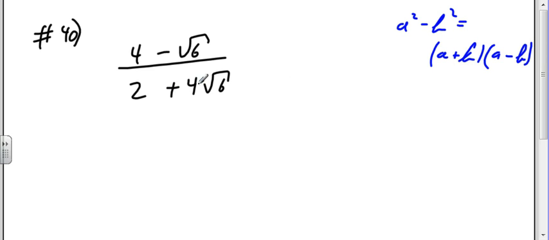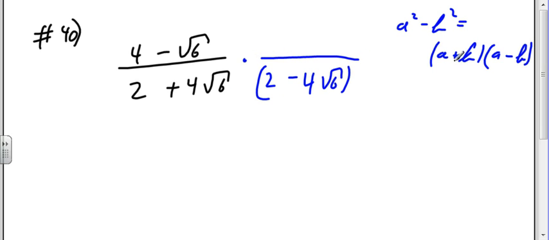So what we do is we get the conjugate of 2 plus 4 the square root of 6 to rationalize the denominator. So we go 2 minus 4 the square root of 6. And now we're in the form (a plus b)(a minus b), and we end up with just a squared minus b squared on the bottom, and on top 4 minus square root of 6 times 2 minus 4 square root of 6.